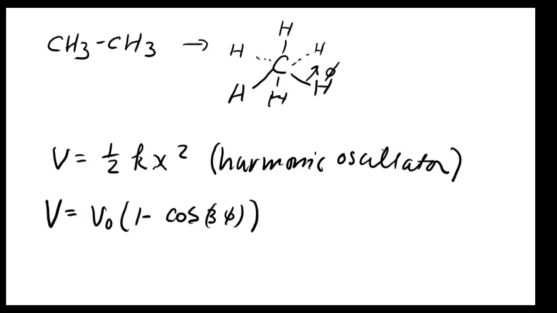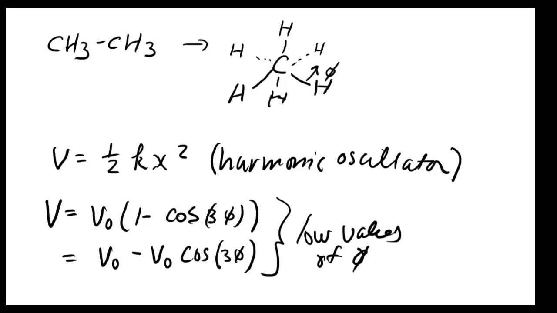And let's rewrite that as V0 minus V0 cosine of 3 phi. And we want to show for low values of phi near 0, this will reduce to V going as a harmonic oscillator, so there'll be some constants times phi squared. That's what we want to show.